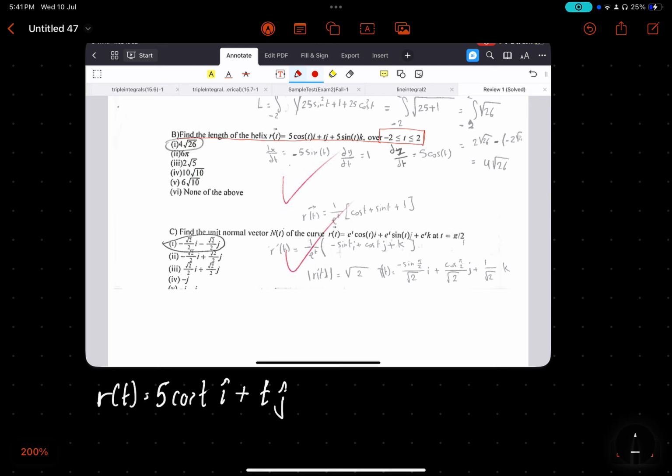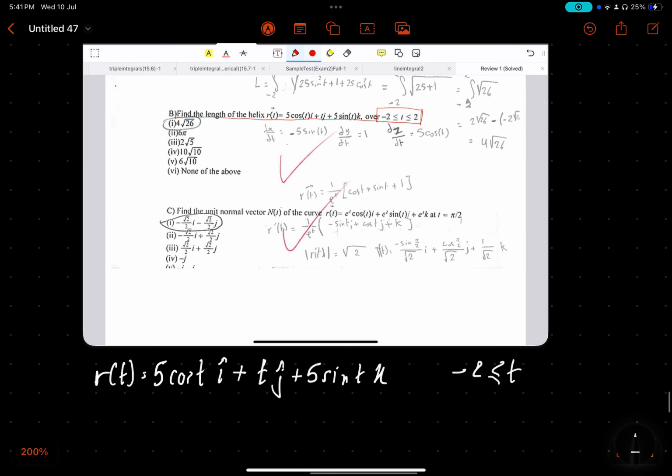Now you add this, you zoom up, and okay, so we have our helix r of t equals 5 cosine of t plus t, of course, i, plus t j plus 5 sine of t k, and then t bigger than or equal to -2, smaller than or equal to 2, that's my t.